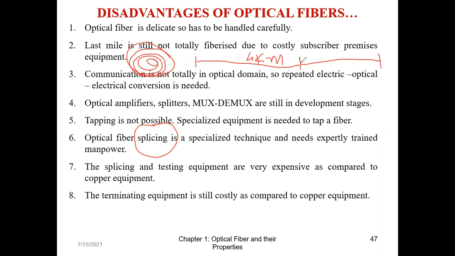The method by which I join two fibers is called splicing. We will have various types of splicing. So when I join two fiber cables, that method is called splicing.